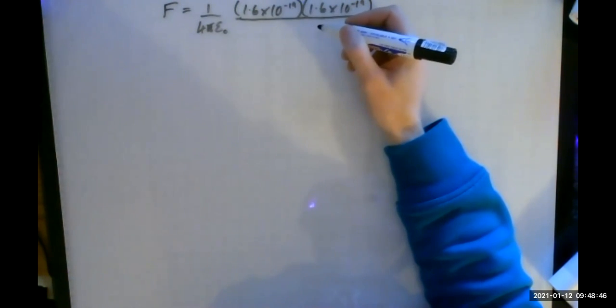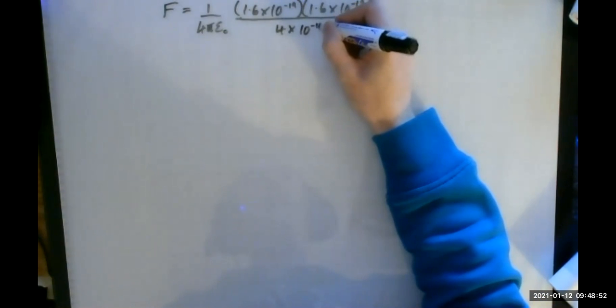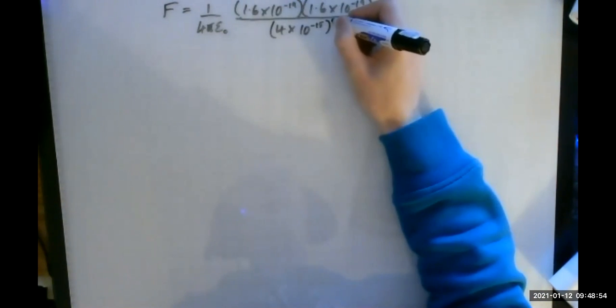And the distance is 4 by 10 to the power of minus 15, squared.